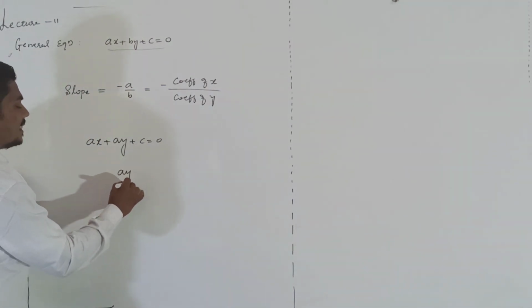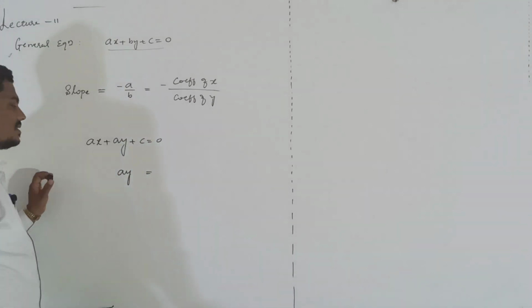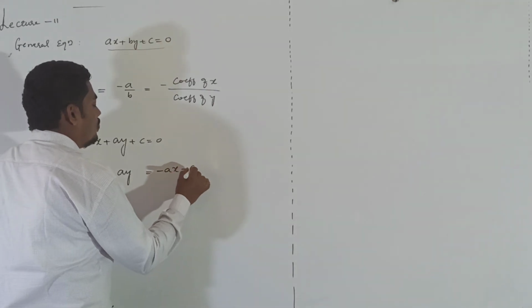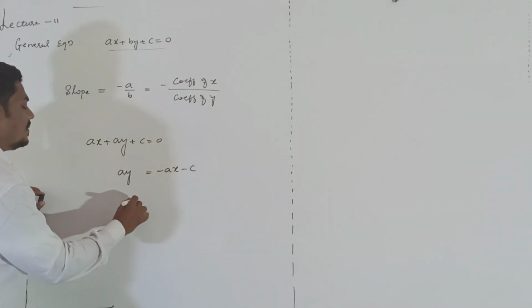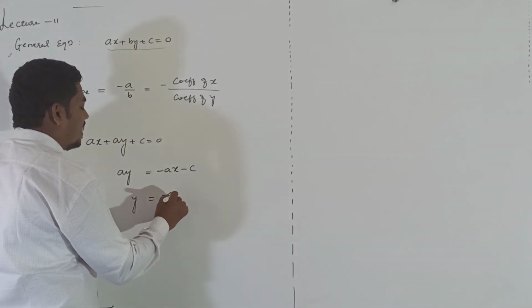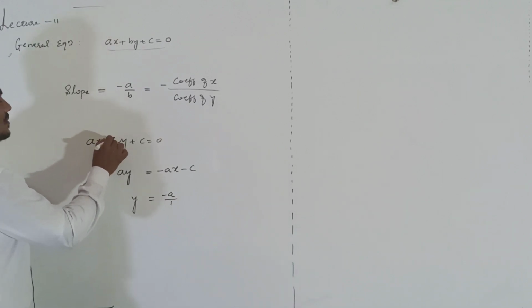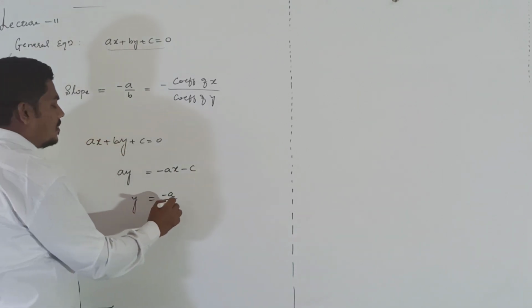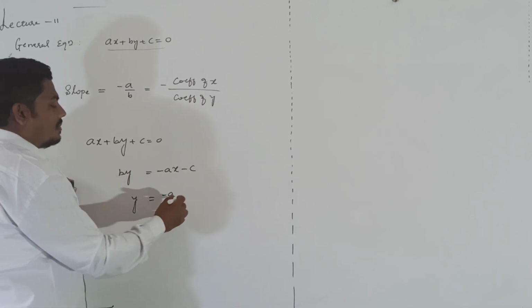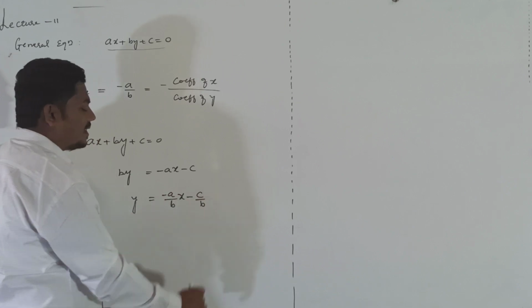Keep by as it is, send the remaining two terms to the RHS. Then it will be minus ax minus c. Then dividing by b, y is equal to minus a by b into x minus c divided by b, right?